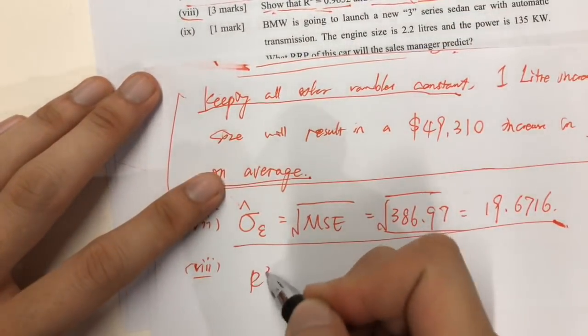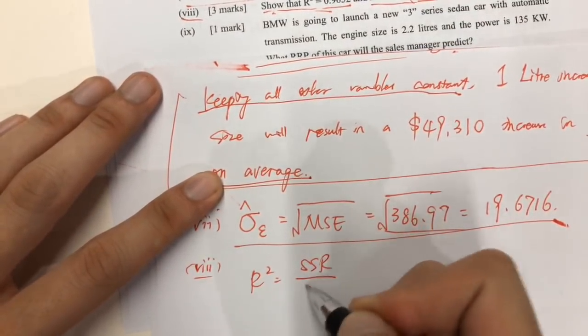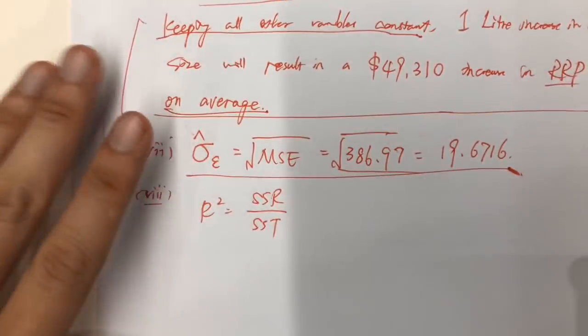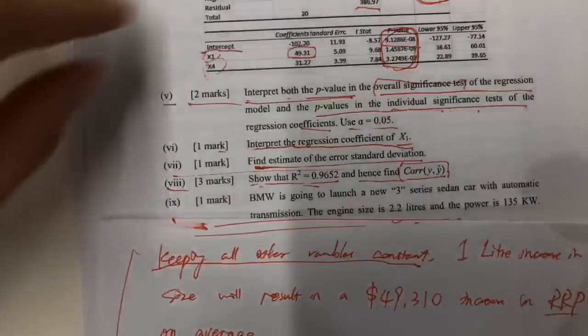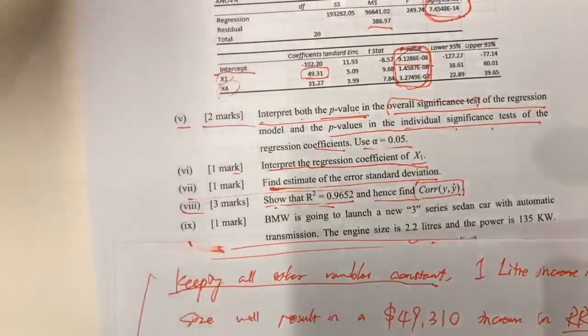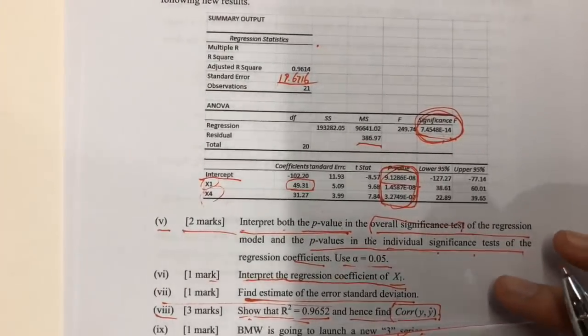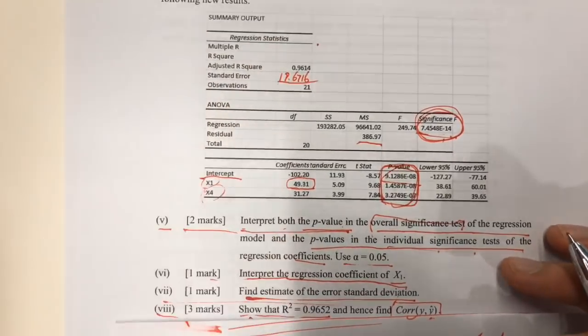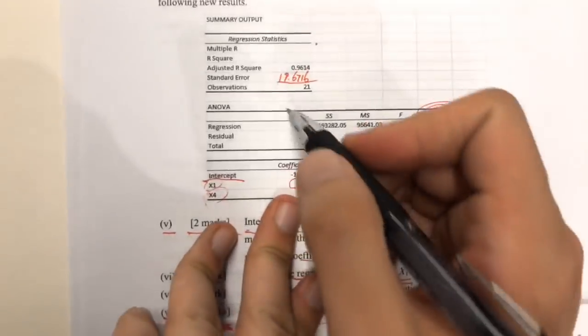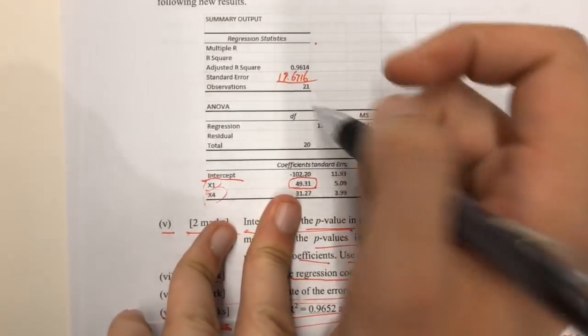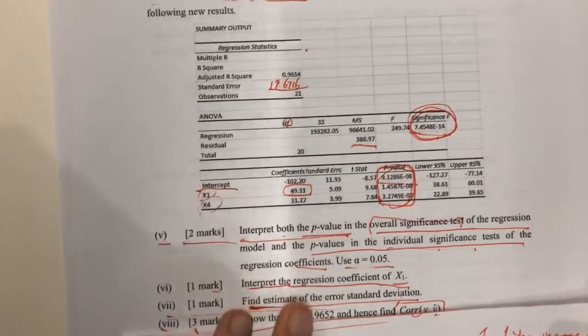Show that R squared. So R squared, we know it's calculated by SSR over SST, is that right? But the problem is now, all of those SS values are blank. So we need to fill in those blanks manually in order to get all those values, right? Okay, so first of all, the degrees of freedom are the easiest ones.